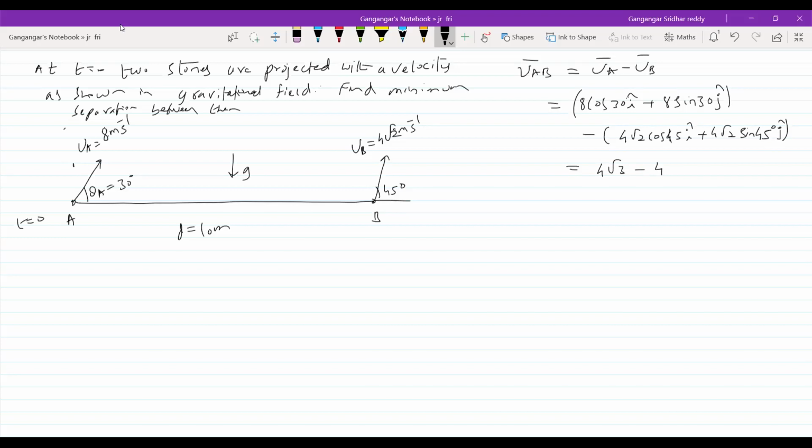Here 1 will cancel out, so this will be the i cap. This will be 4 and this will be 4.